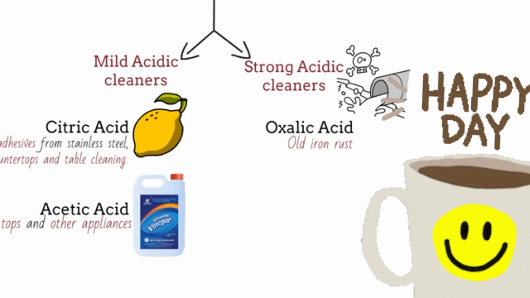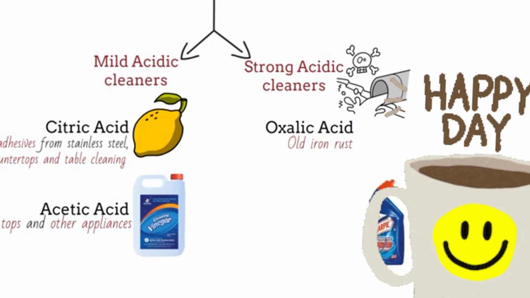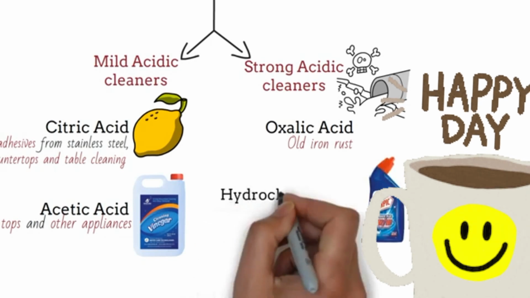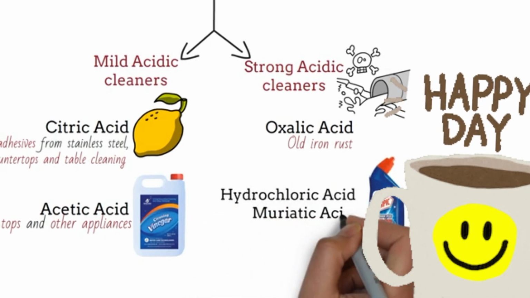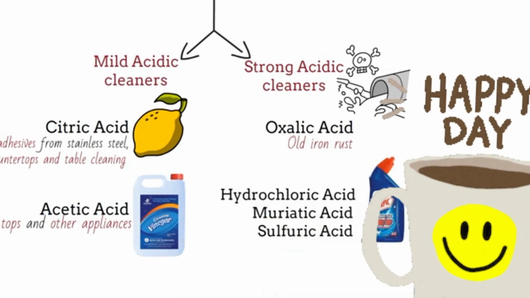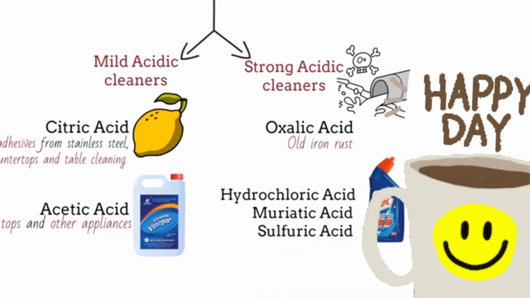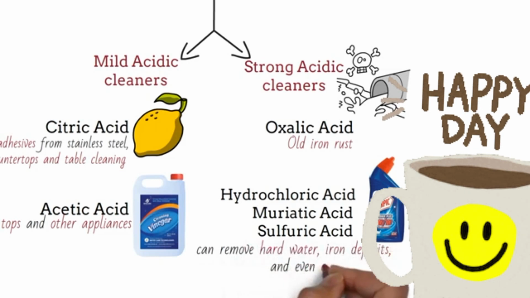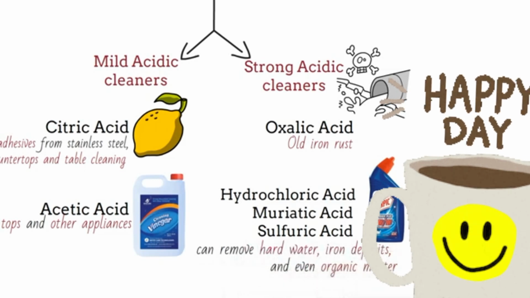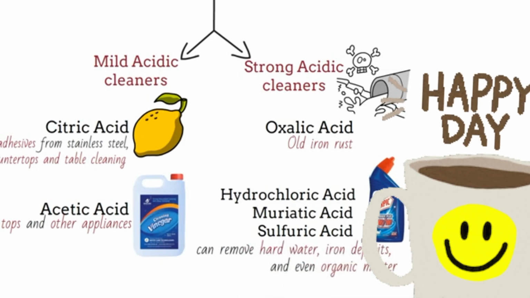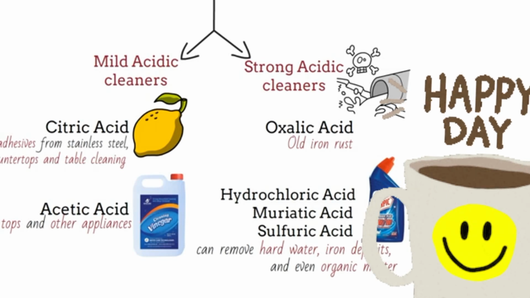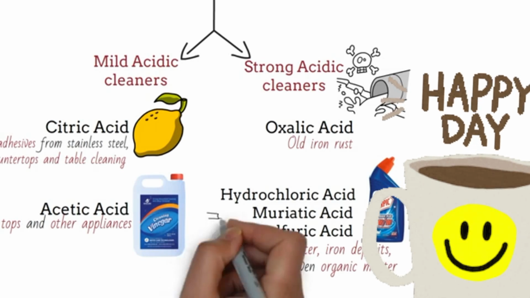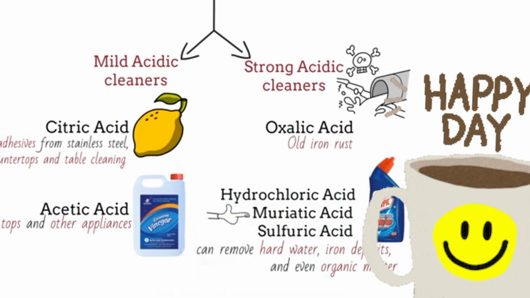Also, you may find strong acidic cleaners in toilet bowl cleaners such as hydrochloric acid, muriatic acid, sulfuric acid, etc. These acidic cleaners can remove hard water, iron deposits and even organic matter. Even for swimming pool dark stains that adhere to the grout in between the tiles, you can use muriatic acid.